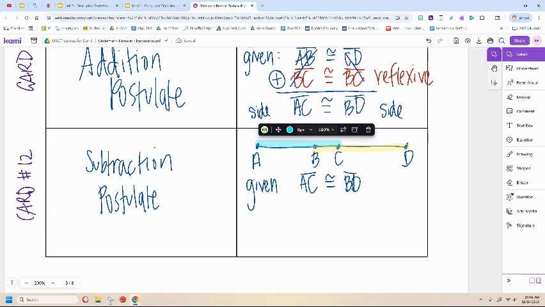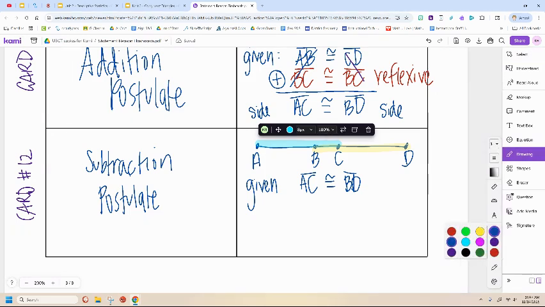But those segments are way too long. In fact, I only need AB and I only need CD. So there's something that they have in common, isn't there? Right? Okay. Jaden, what symbol am I going to put on top of BC? Because it belongs to both segments.